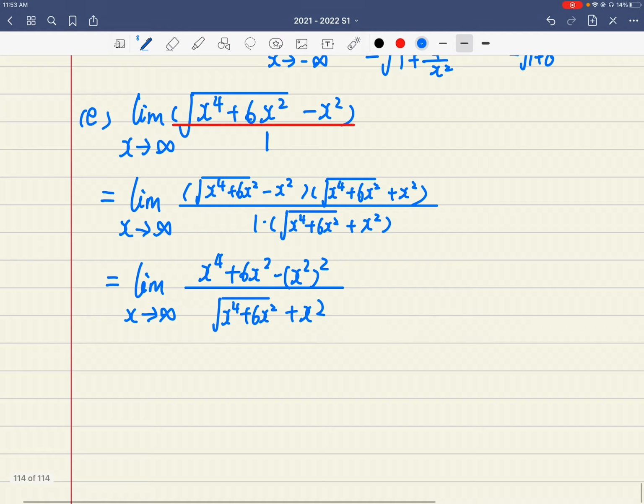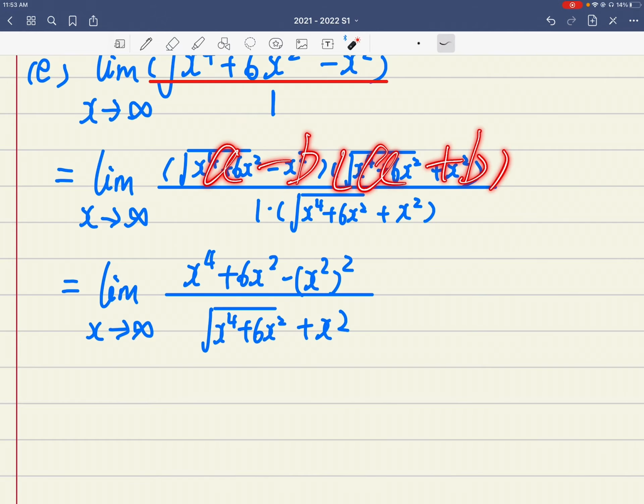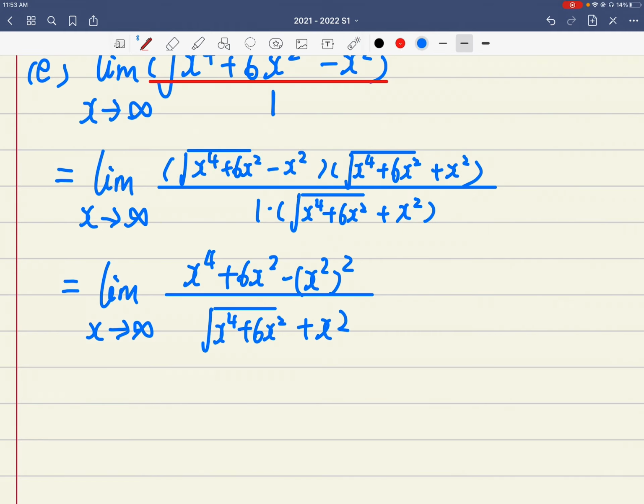So after you've done the top, it's a minus b times a plus b, just a squared minus b squared. Then these two parts cancel out, so we can remove them.